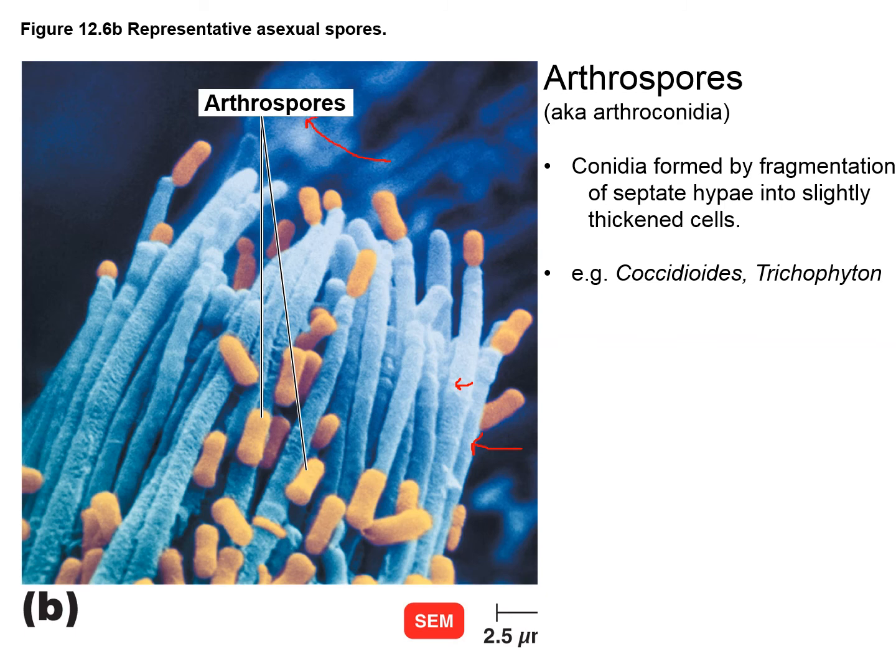And these thickened cells can break off or fragment, which means that they can go on to produce new fungi. So these are an example of conidia, but they're formed by fragmentation of septate hyphae. Okay. Examples of fungi that reproduce this way include Trichophyton, which is associated with athlete's foot, and Coccidioides.